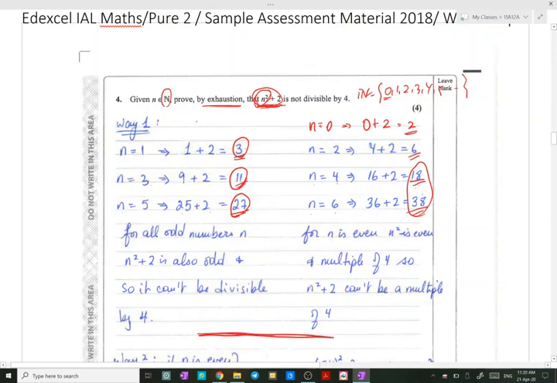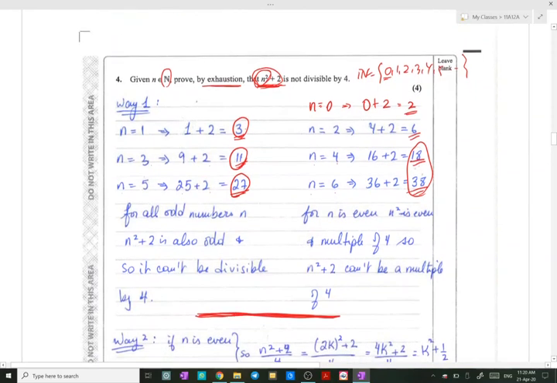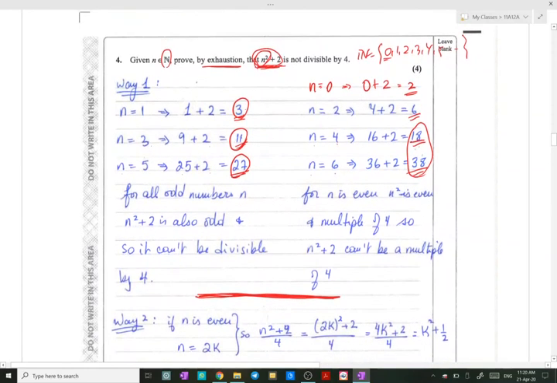If we want to use the general form or general explanation, and we want to prove that this question is true, then we start by considering n is an even number, where if you're going to write an expression for an even number in a general form, it's going to be 2k, where k is a constant.